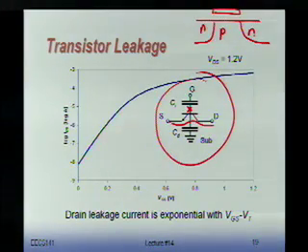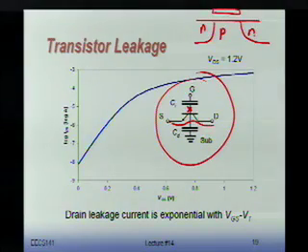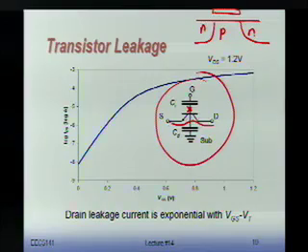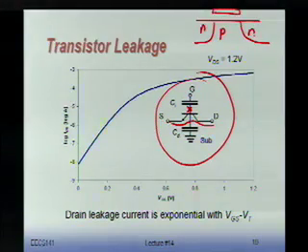Exponential current. So the current is an exponential function of the voltage I'm applying, VBE. Which means that when I start dropping my gate voltage, we'll see an exponential dependency in my drain to source current. And this is shown right here.